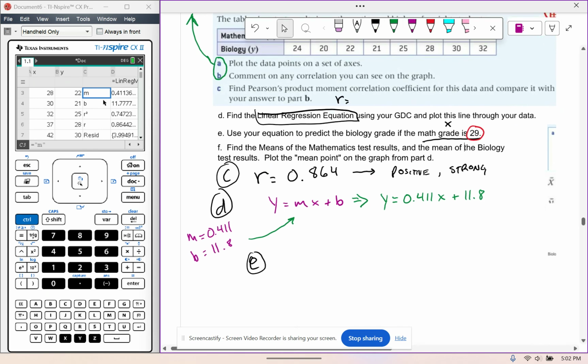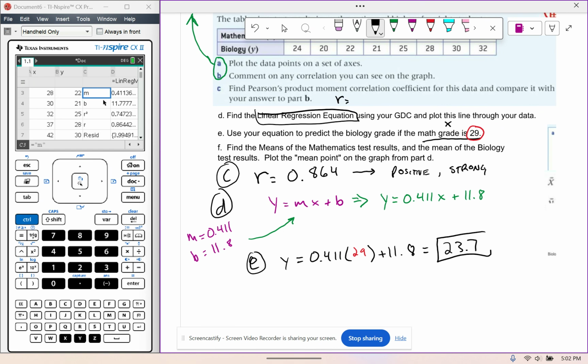So my equation is y equals 0.411 times 29 plus 11.8. If I put that in my calculator, you're going to get, to 3 sig figs, 23.7. So their biology grade should be roughly 23.7.